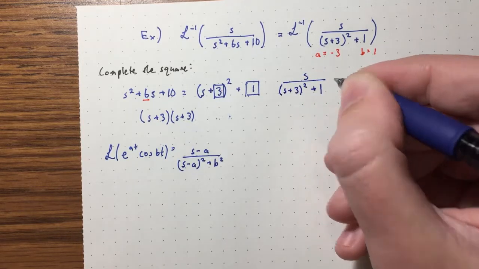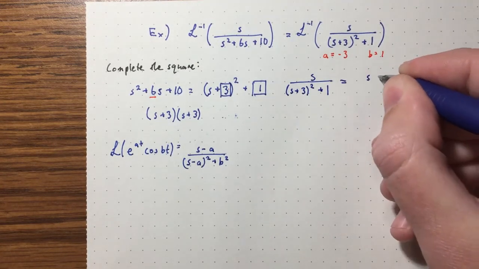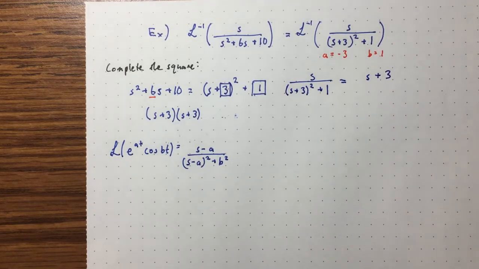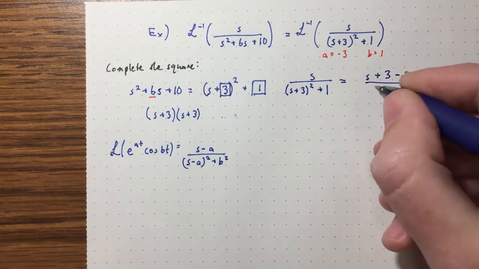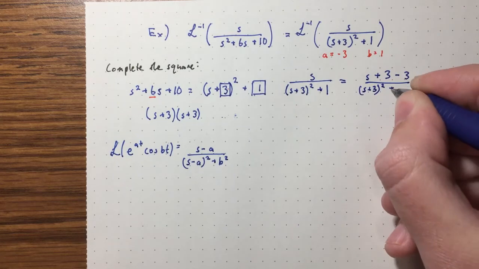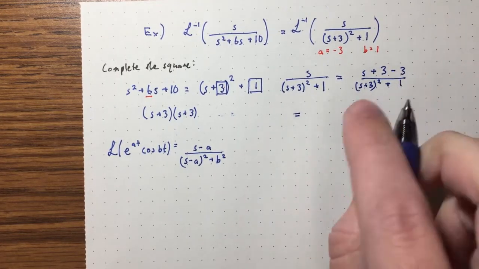So are we out of luck? Well, the answer is no, because I can just write in an s plus 3. But I can't change the problem, right? So here's what I'm going to do. I'm going to write this as s plus 3 minus 3. This is a typical idea. Then I'm going to break this fraction apart.